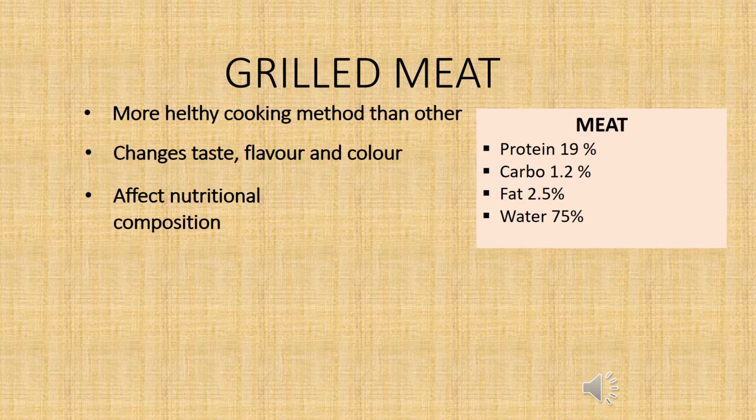Meat not only has protein but also carbohydrate, fat, minerals, vitamins and water. Here we can see the water is 75%. It means that water is a very important thing in meat because it can retain the moisture of the meat.